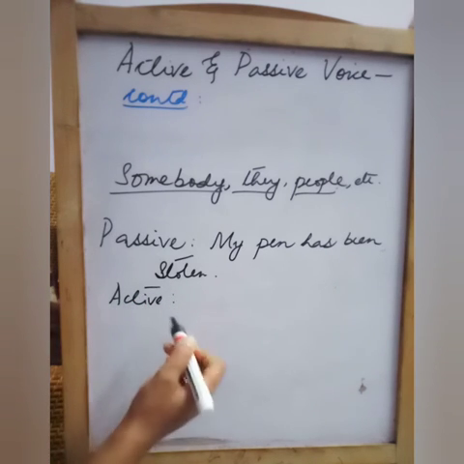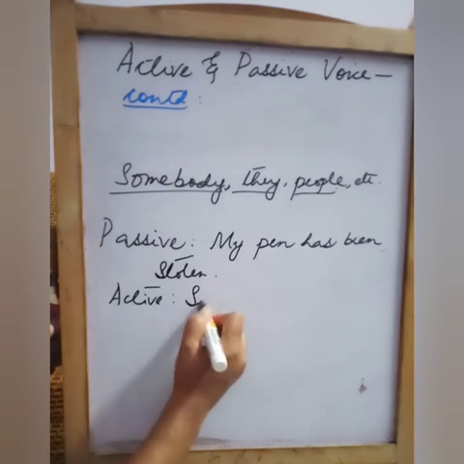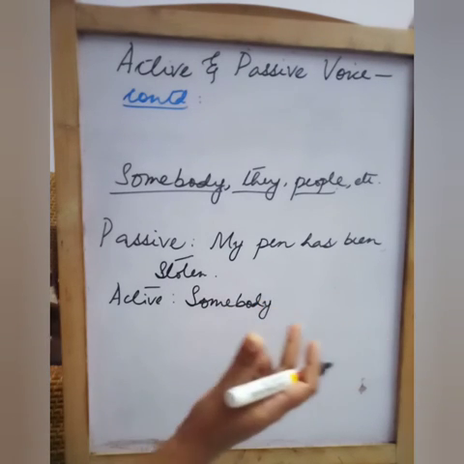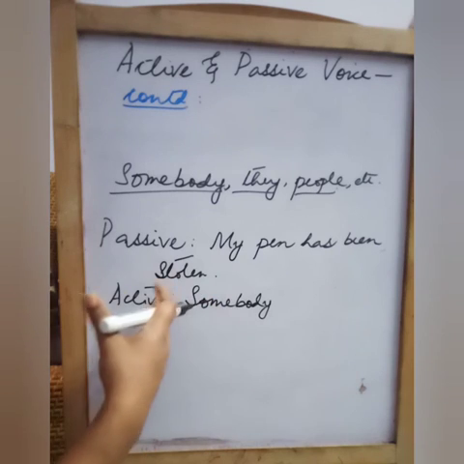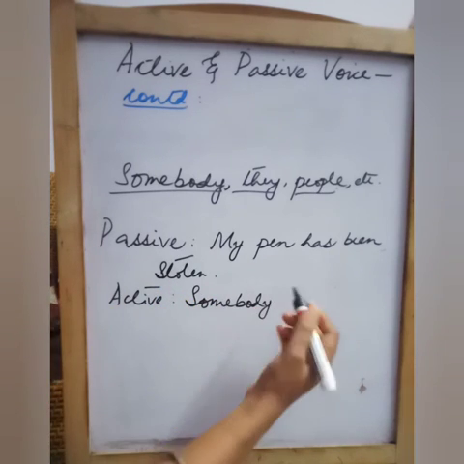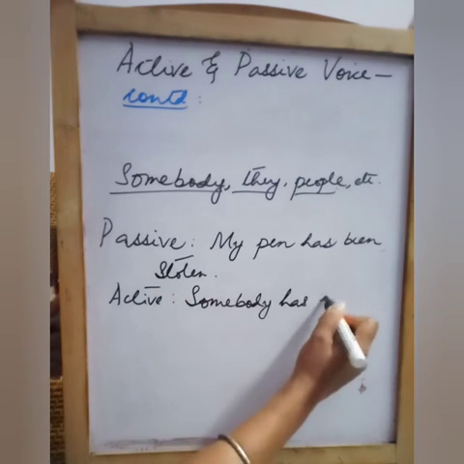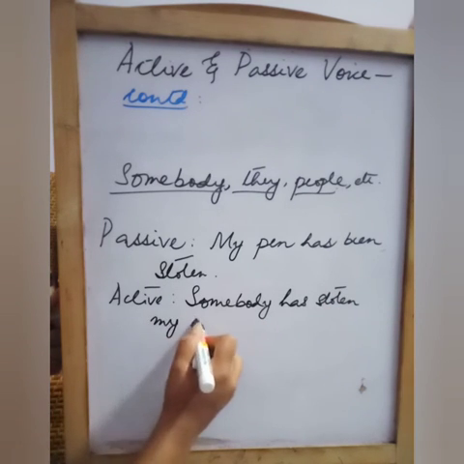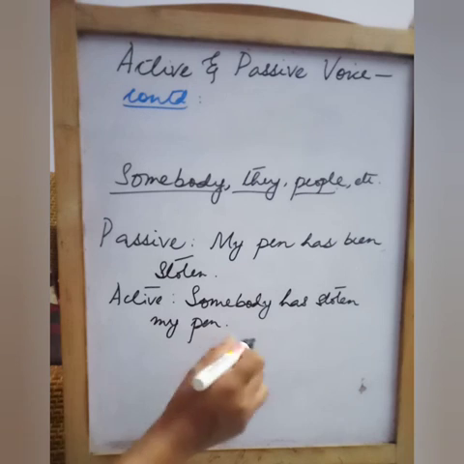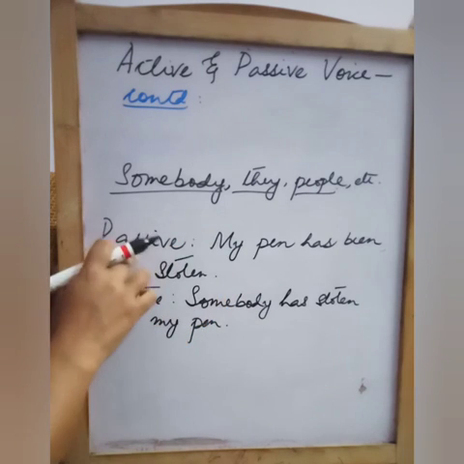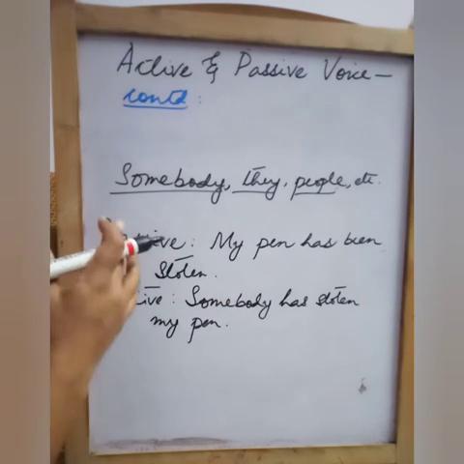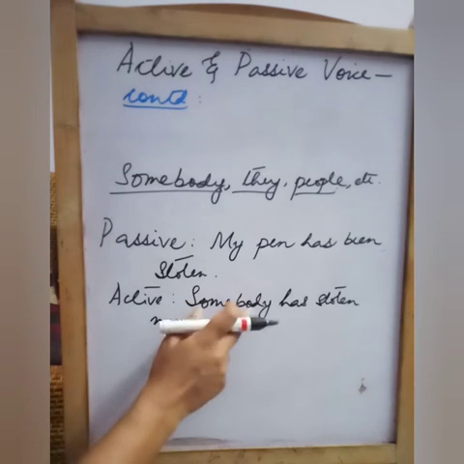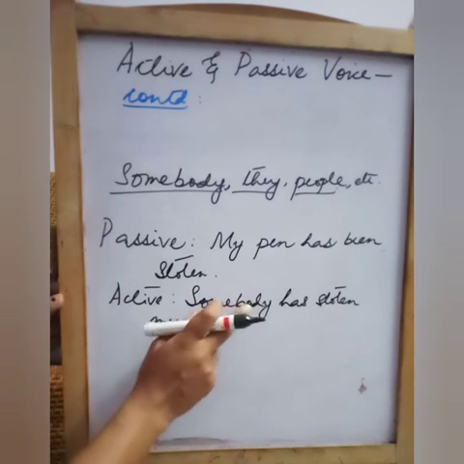It will be, somebody has stolen my pen. Or you can write, they have stolen my pen, something which is vague, not definite. So in such cases the use of the passive voice is preferable because the subject is vague or indefinite.